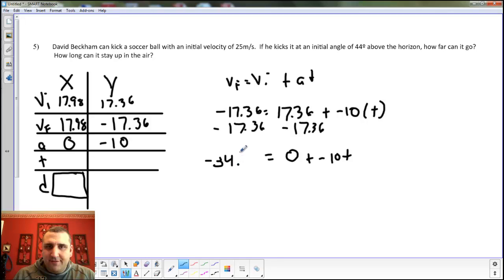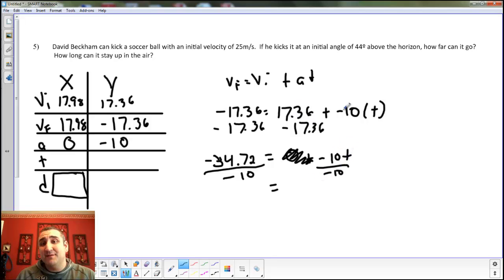And now all we have to do is divide both sides by negative 10. Again, we were multiplying by negative 10 here, so we divide. We were adding 17.36 here, so we subtract. That's the algebra again. So we should end up with a time of positive 3.472 seconds.